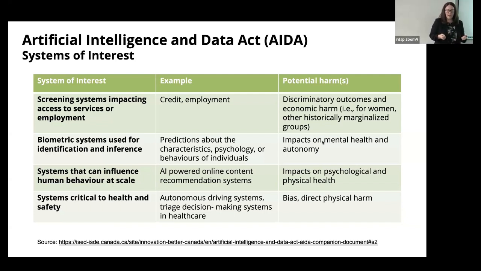The use of biometric systems used for identification and inference. Systems that can influence human behavior at scale, so AI-powered online content recommendation would be an example. And lastly, another key area is systems that are critical to health and safety. Examples of that would be autonomous driving systems and triage decision-making systems within the healthcare industry.